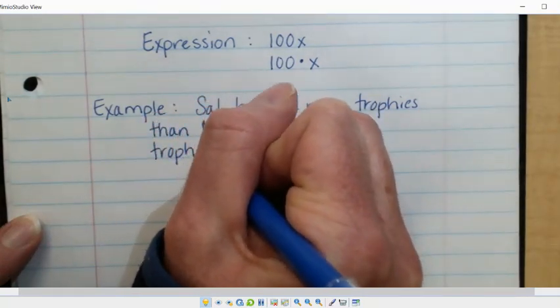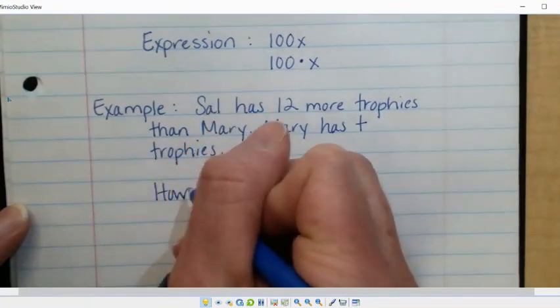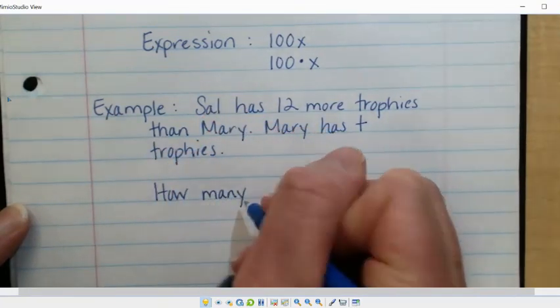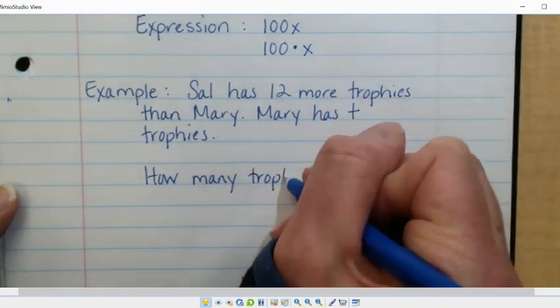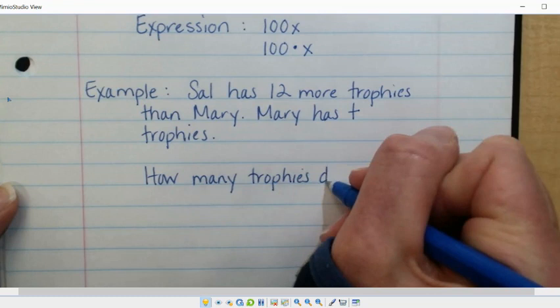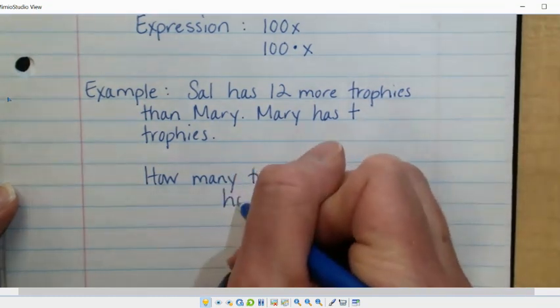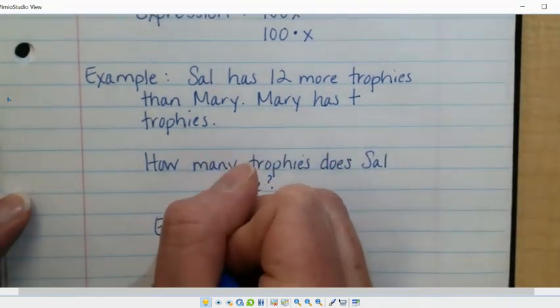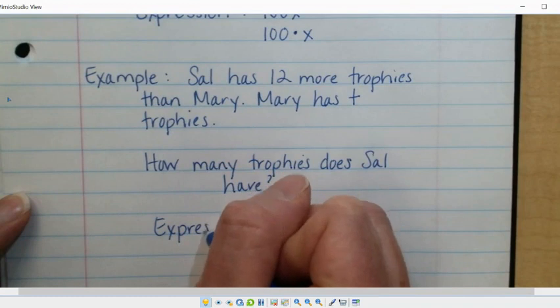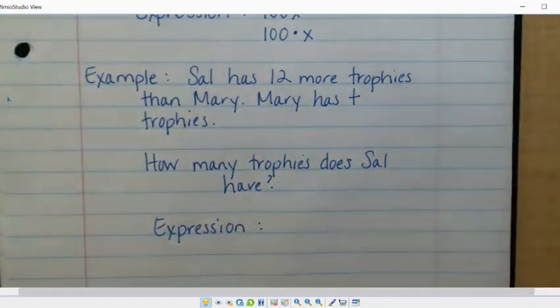That's going to be our variable, T. How many trophies does Sal have? And again, for this one, they are just going to ask us in problems like this. It'll actually ask for just an expression.